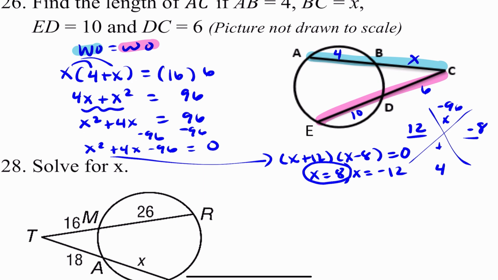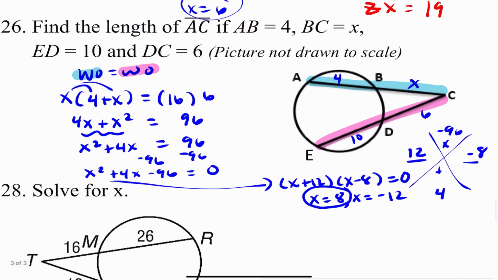So x is equal to 8, but we're not done because we got to find how long segment AC is. So it's 4 plus 8, which is 12. So segment AC is 12.